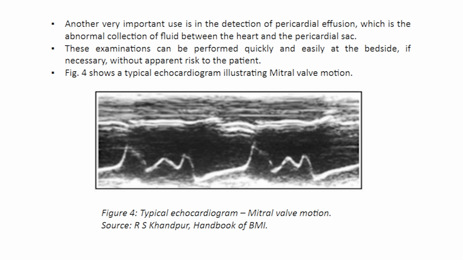Another very important use is in the detection of pericardial effusion, which is the abnormal collection of fluid between the heart and the pericardial sac. This examination can be performed quickly and easily at the bedside if necessary, without apparent risk to the patient. Figure 4 shows a typical echocardiogram illustrating mitral valve motion.